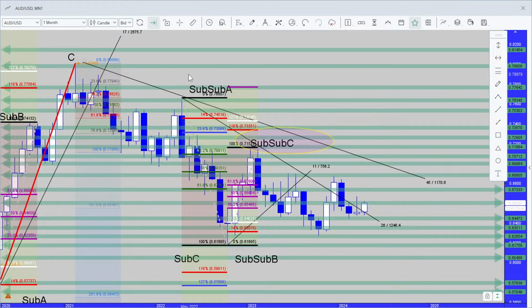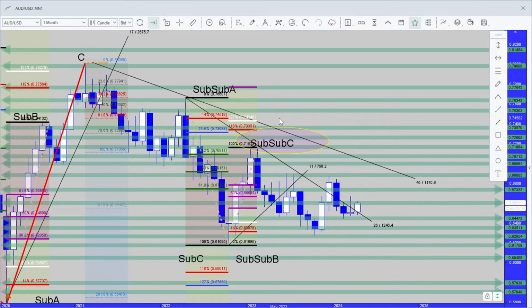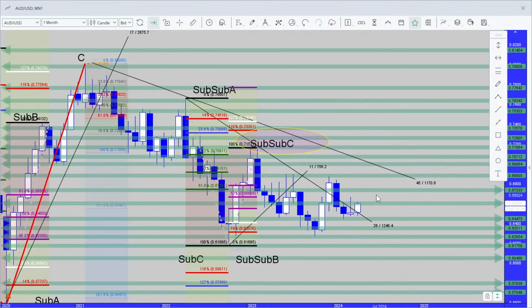How can you be so confident when you trade? Talking about Fibonacci trading, the sub C is confirmed. And the deeper the retracement which you fear, everybody, the higher the potential of the reversal. Agreed? And it happens 7 times out of 10.